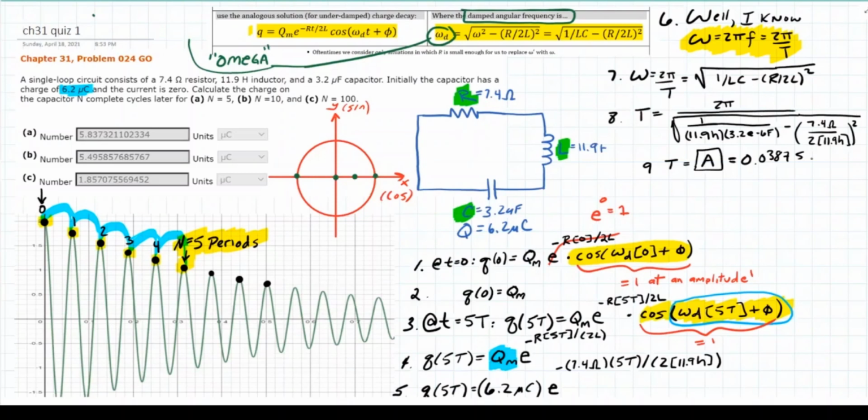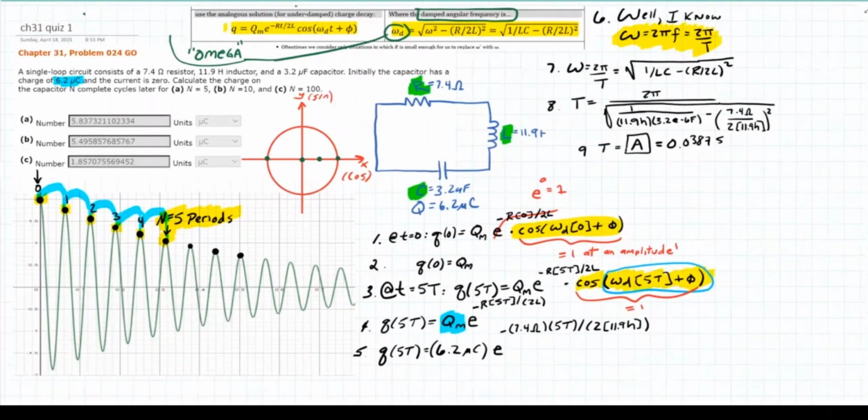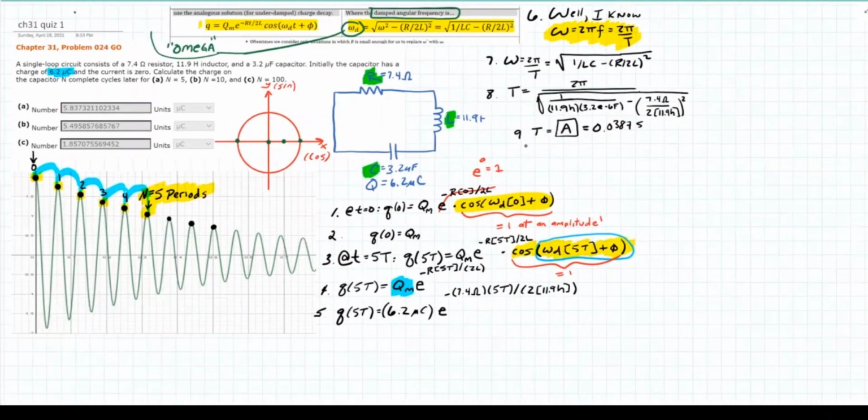So as mentioned, if you're like me, sometimes you have to do the calculation 2 or 3 times or a bunch of times to get the same answer consistently. But when you do, the value for T represents the amount of time it takes to complete one cycle.